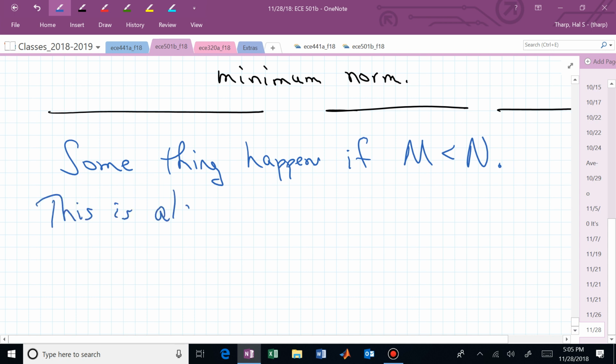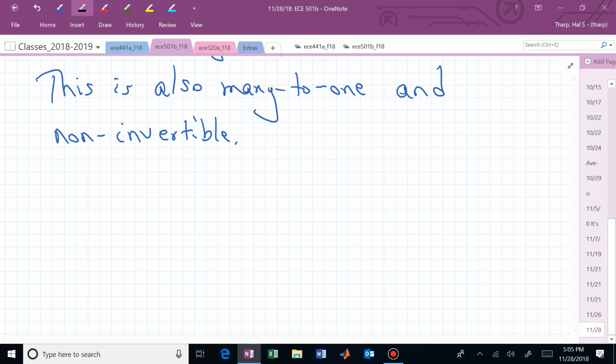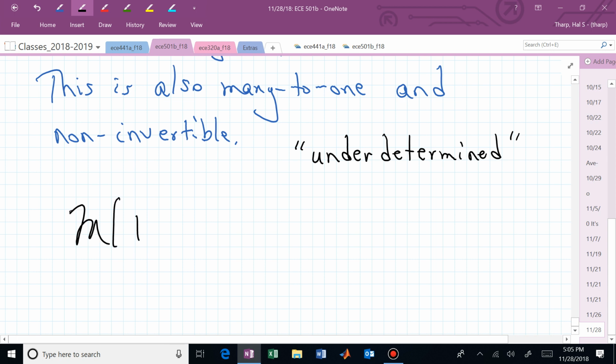This is also the situation of many to one and non-invertible, or it's underdetermined.